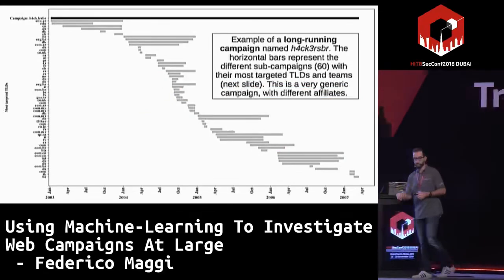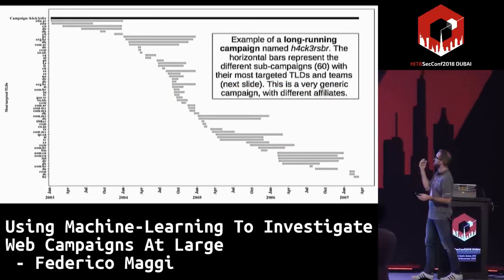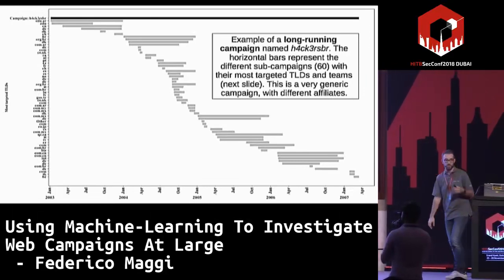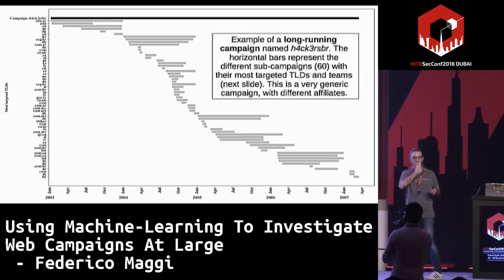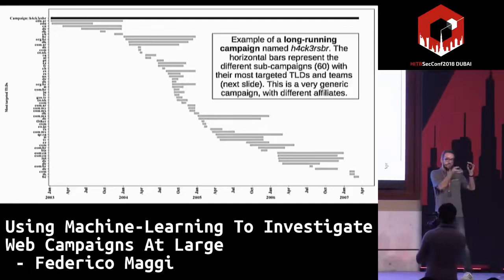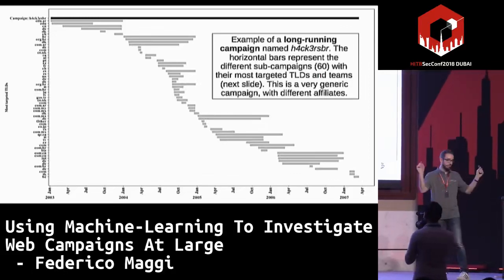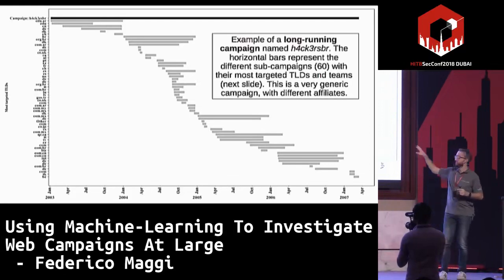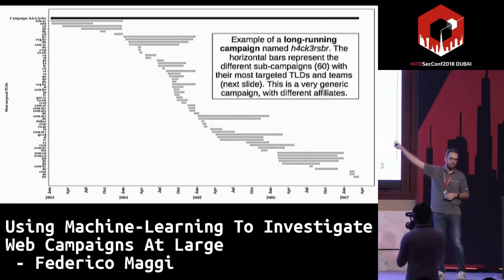And here you can even visualize. So if I'm asked, I want to see how the campaign Hackers Brazil looks like. Boom, you get a timeline. You can see the various clusters, and the black line at the top is the campaign, so how long the campaign is. And what you see is a kind of a cascade effect, right? So you see an initial campaign over there at the top, which targeted some website.